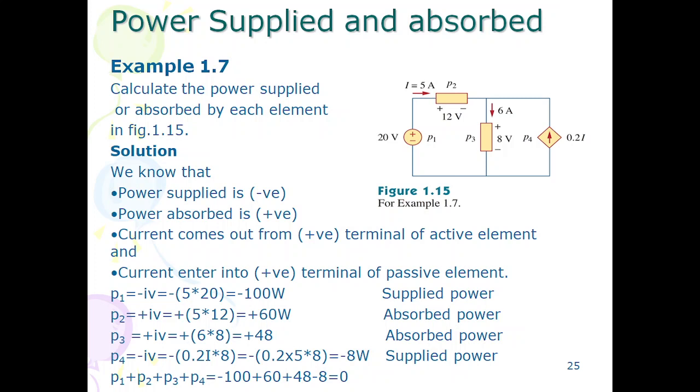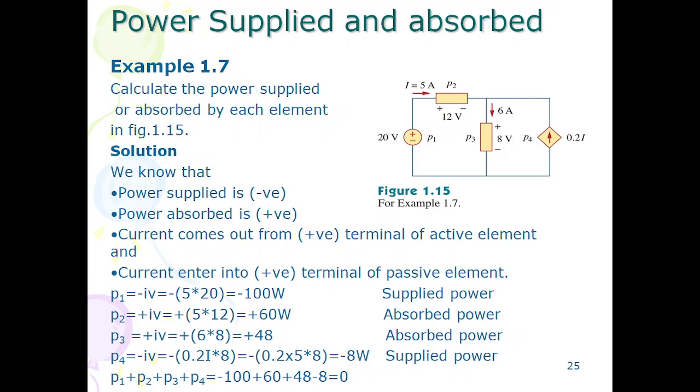So minus V into I, where the value of I is 0.2I, multiplied by its voltage. P4 is parallel to P3, so both have the same voltage, which is 8 volt. Now we substitute the value of I, and the answer is minus 8 watt.